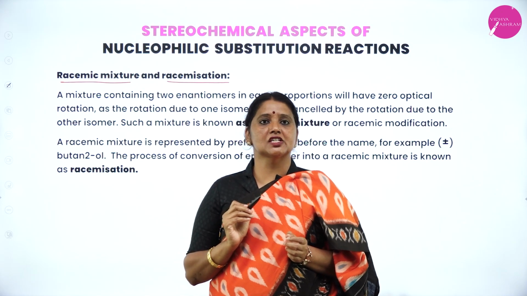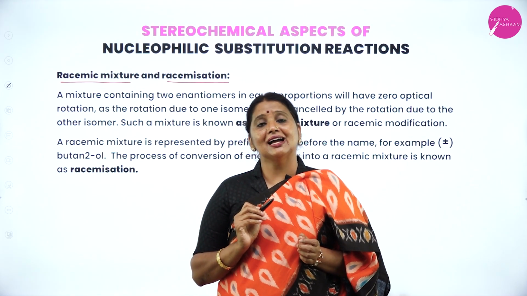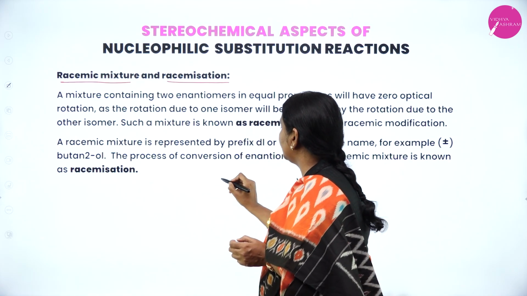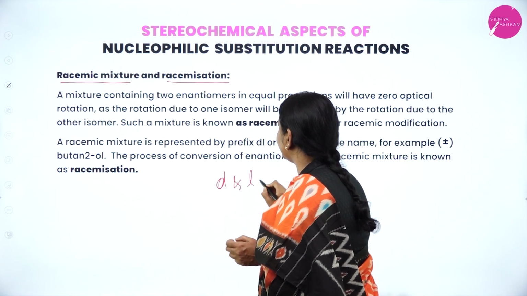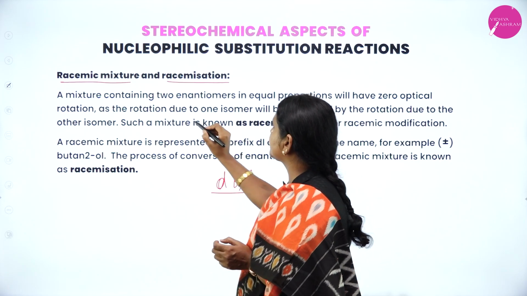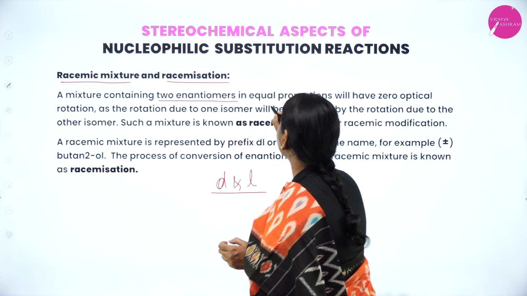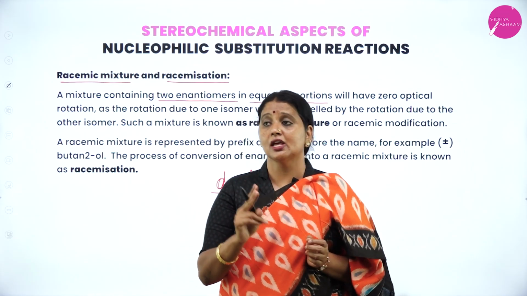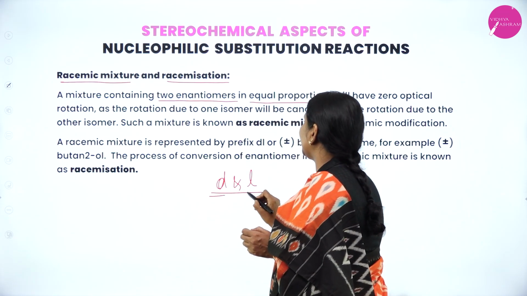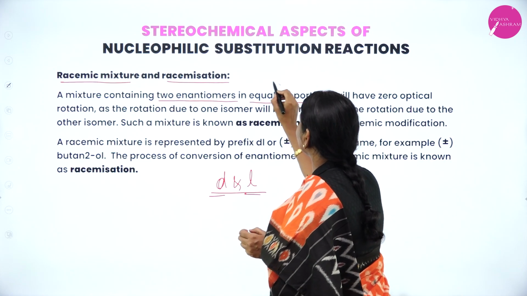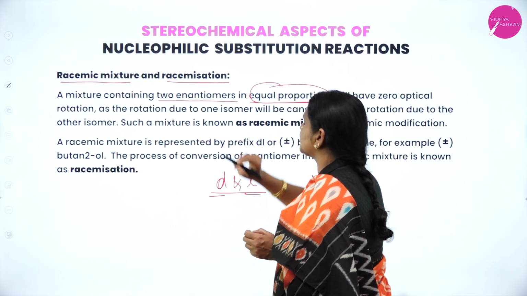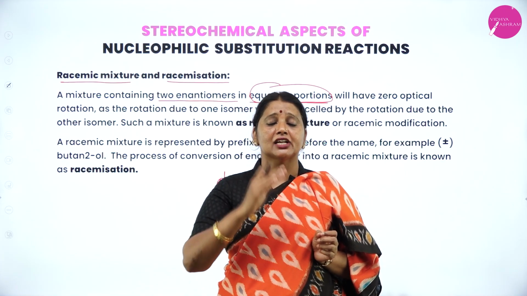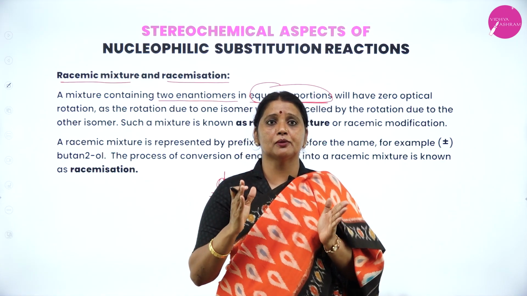Now, racemic mixture or racemization. What is a racemic mixture? I take an equimolar mixture of D and L isomers, a mixture containing 2 enantiomers in equal proportions. One enantiomer is dextrorotatory, the other is levorotatory, in equal proportion.